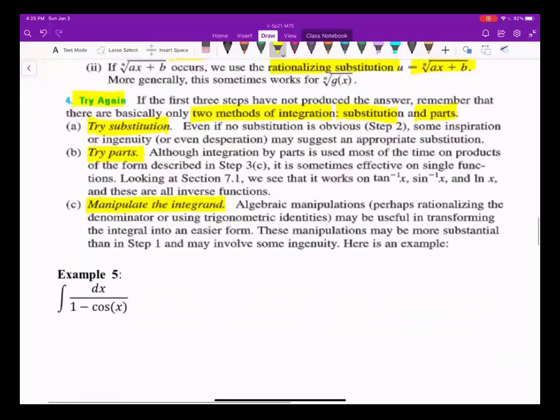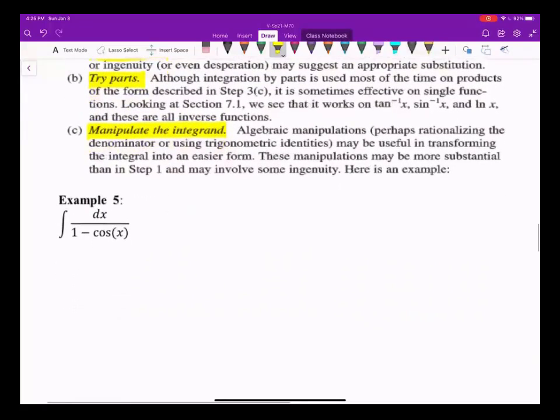So to do that, we will try a problem where we manipulate the integrand. Look at the integrand, which is 1 over 1 minus cosine x.